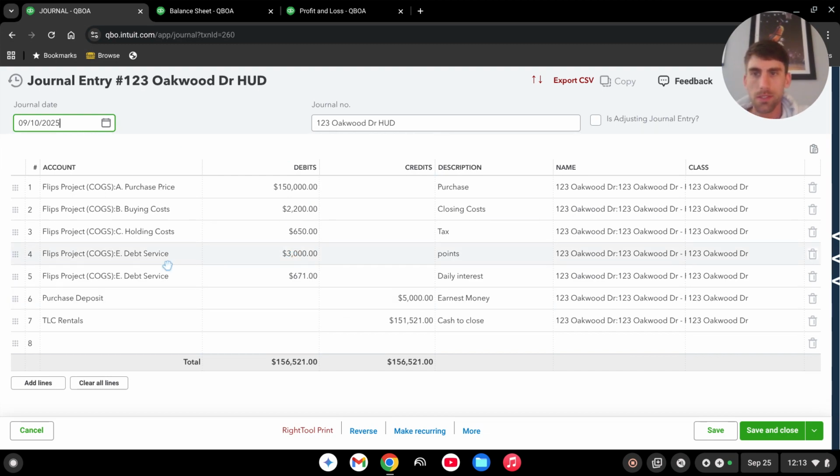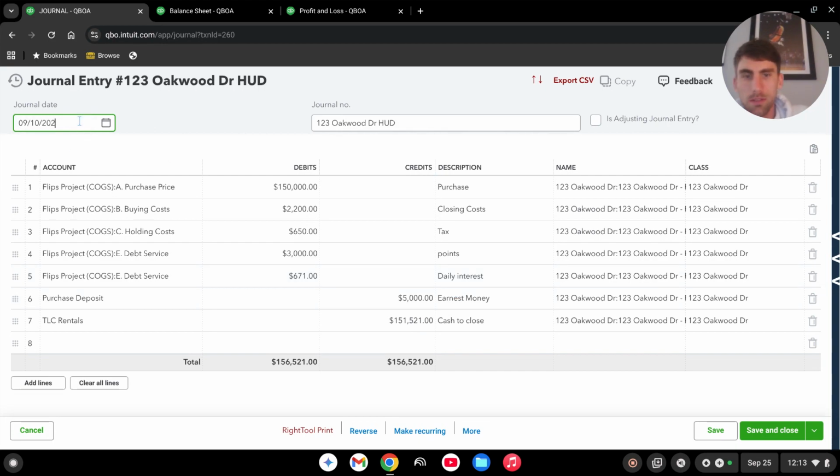We're going to put that into the debt service. You can see the purchase deposit, we got credited back for that earnest money that we already spent, and then the rest we did a cash to close. So we just used all cash from the money that we borrowed from our private money lenders.